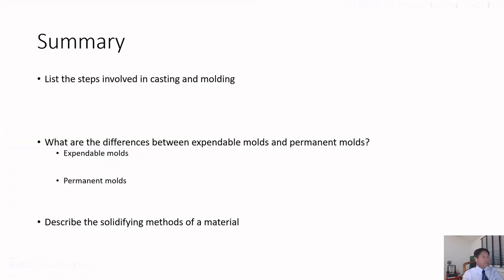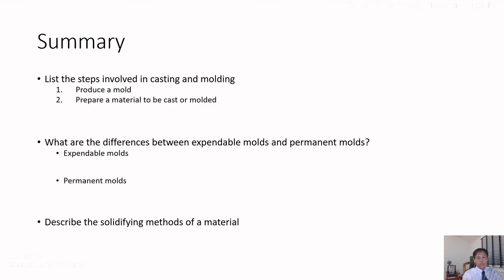All right, so this is the summary of this lecture. Our first objective was to list the steps involved in casting and molding. The first one is we need to prepare a mold using green sand or shell mold or another method.